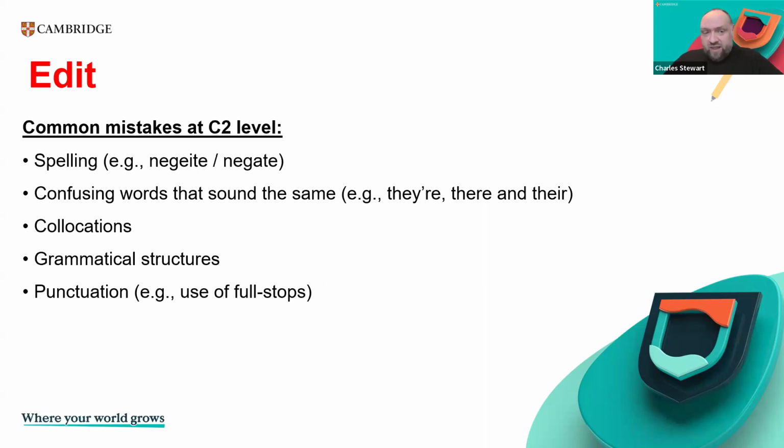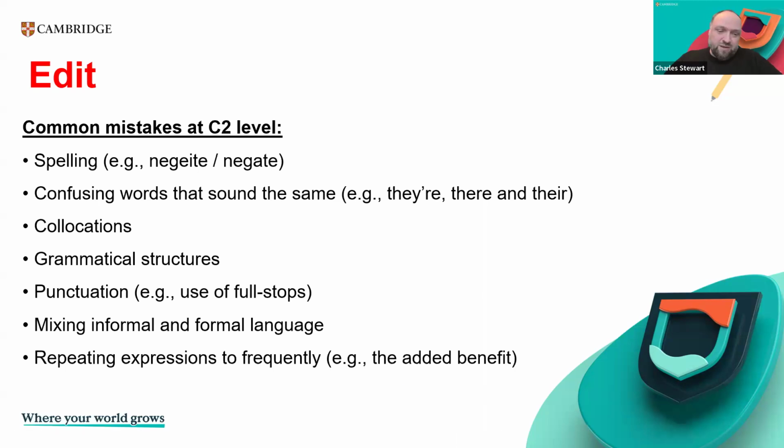So at the C2 level, on the C2 proficiency exam, all punctuation is marked. Therefore, make sure that you use commas, full stops, exclamation points, question marks, whatever the sentence may be. And do be mindful of your language as well. Do not use contractions if it's a formal essay, for example.